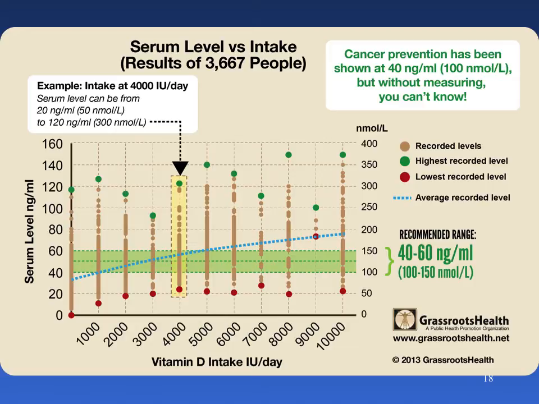For example, we have some people who are taking 1,000 international units of vitamin D and have levels above 100 nanograms per milliliter, and others who are taking 10,000 international units of vitamin D with levels around 20 nanograms per milliliter. So we encourage everyone to get tested and find out your serum level.